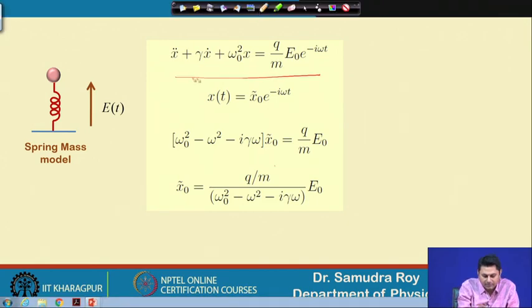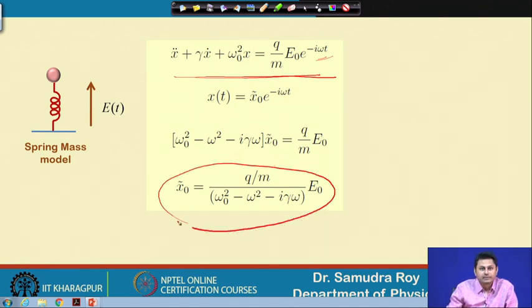This equation of motion contains a frequency term, as I mentioned earlier, and if I do the calculation, we will find that this is my displacement, the displacement by application of the electric field E.